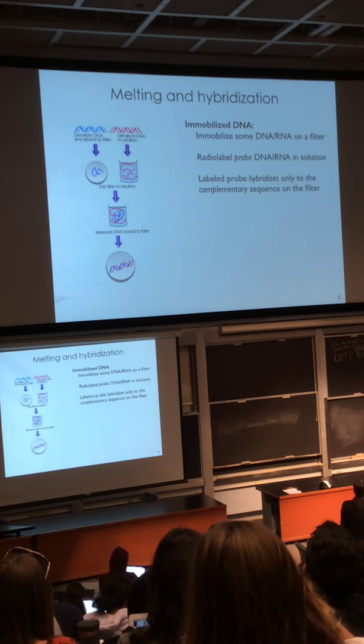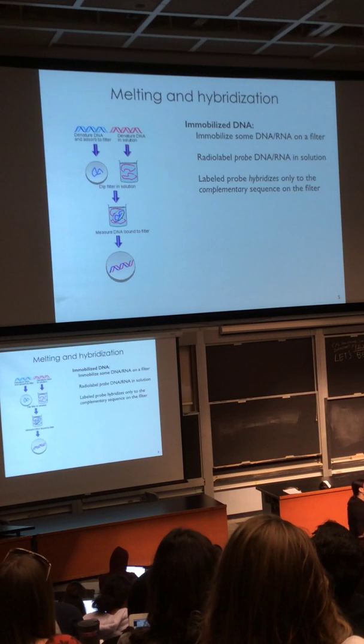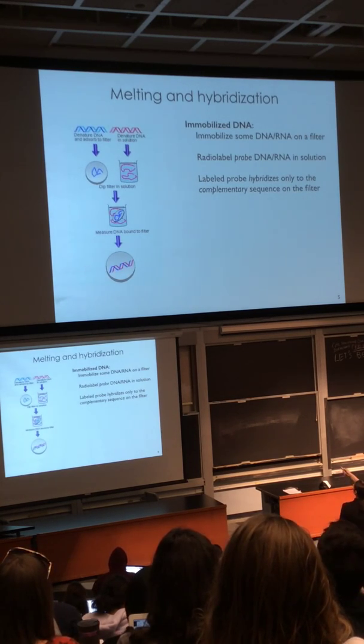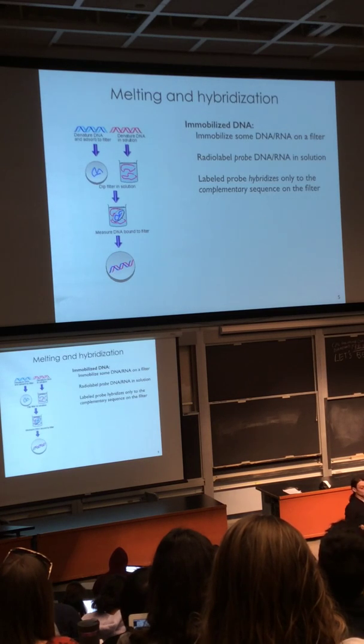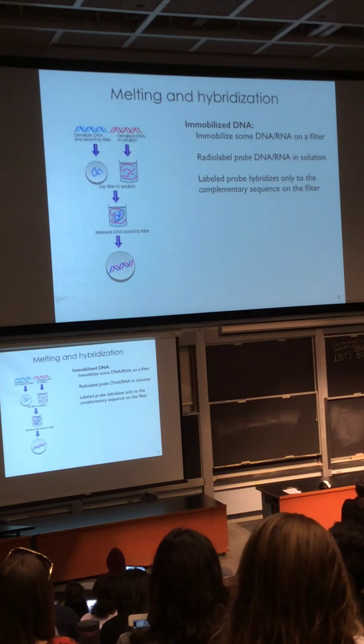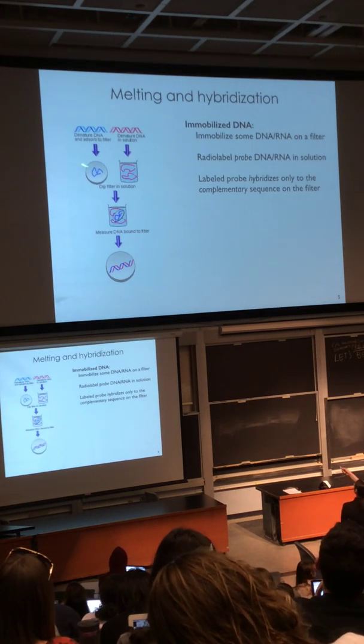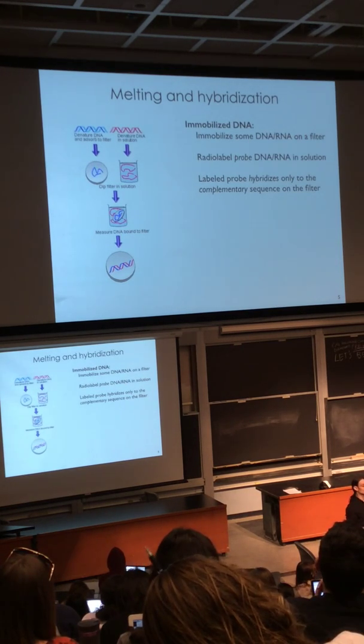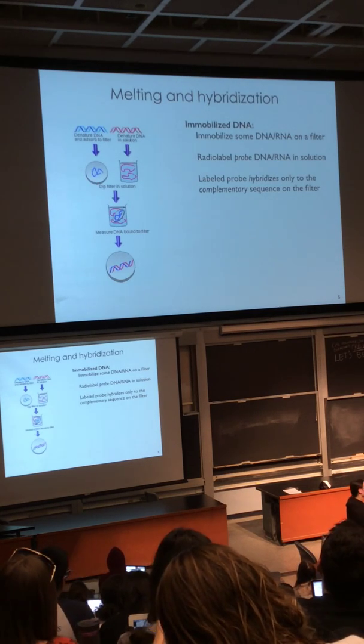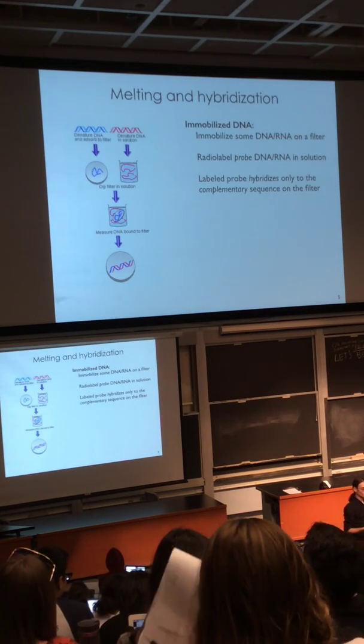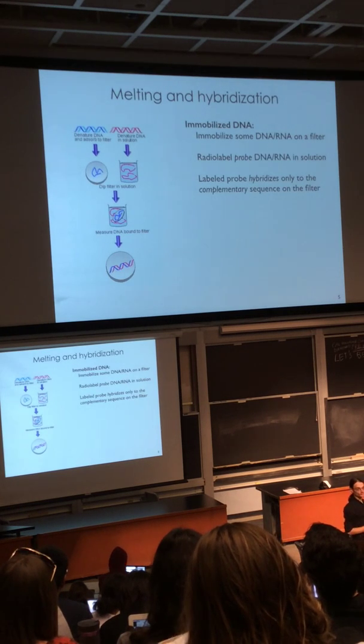So the idea is that, for instance, if you had DNA in solution that was radio-labeled, and you had a variety of different DNAs on this filter, and you wanted to know which of your blue samples on that filter was complementary to your radio-labeled probe, you could mix them together, and the radio-labeled probe in solution would stick on the filter only to the DNA that's complementary.